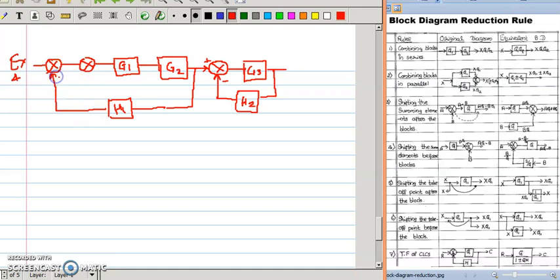This is negative and this is positive. Again one more feedback element is there from output directly to input, that is H3. It goes towards the second one, and this is negative and this is positive. This is the block diagram they are giving, and they told us to find a single simplified block.